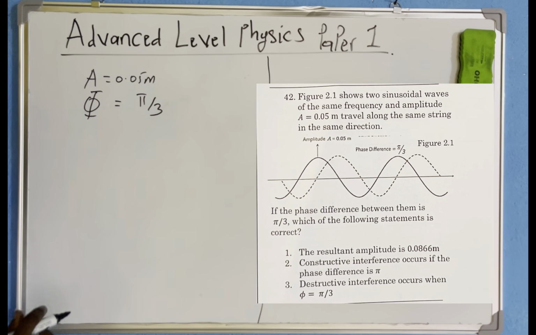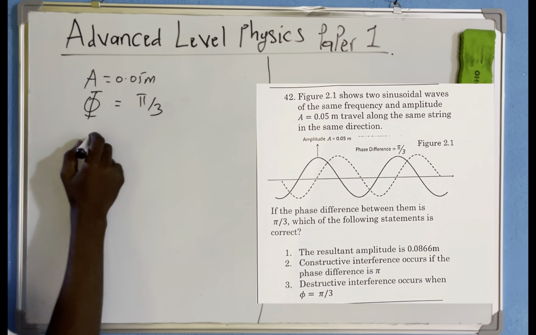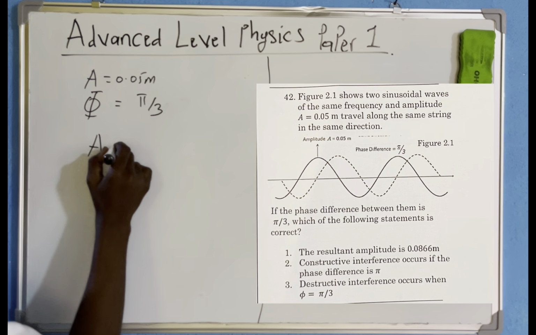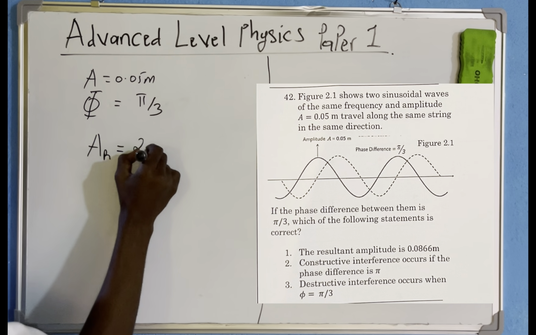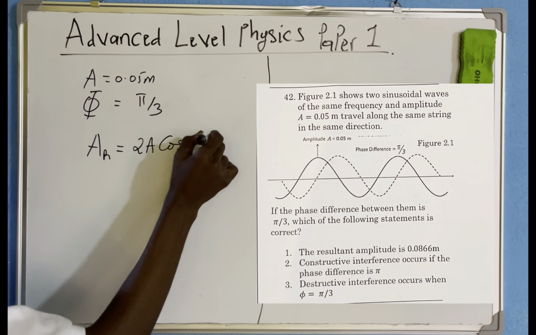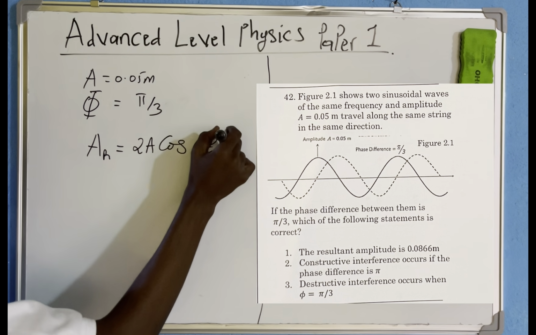We all know that the resultant amplitude of two waves, in superposition of two waves, is given as 2 times the amplitude times cos of the phase difference divided by 2.